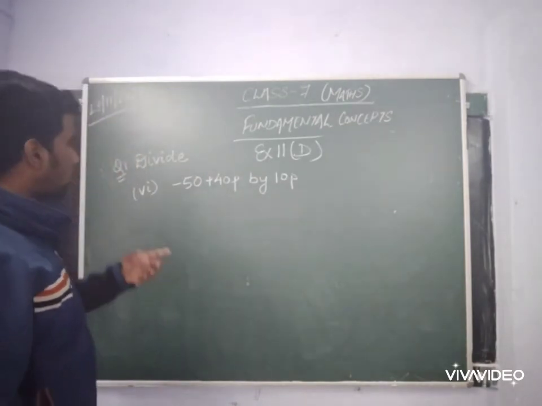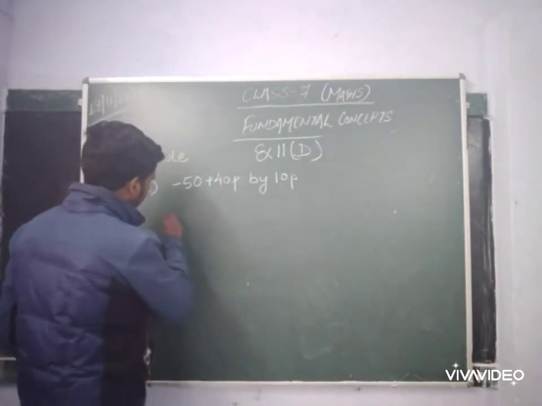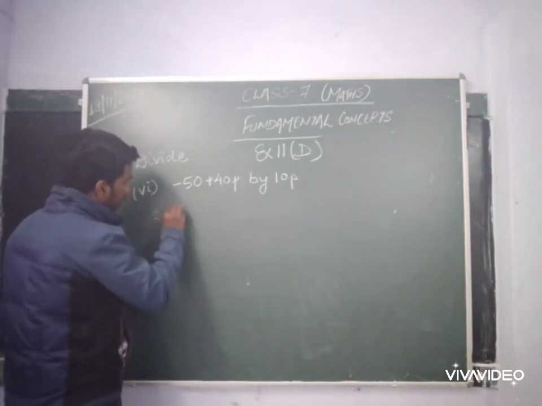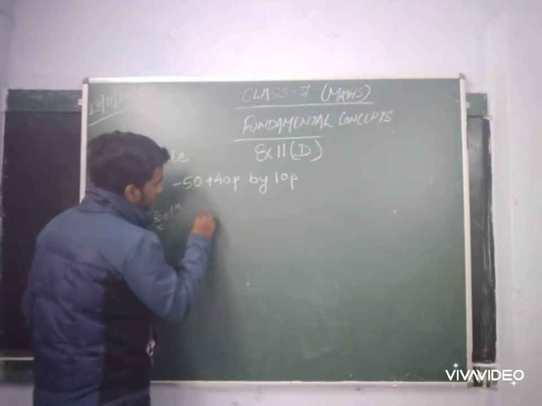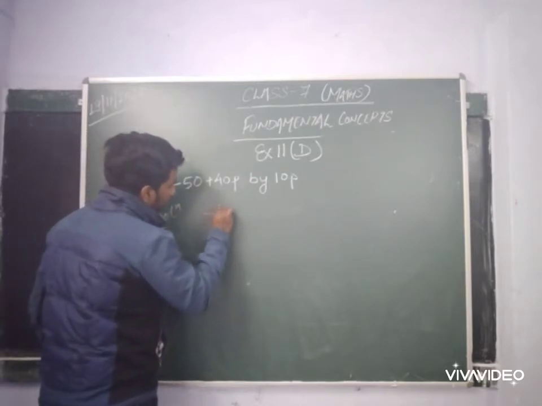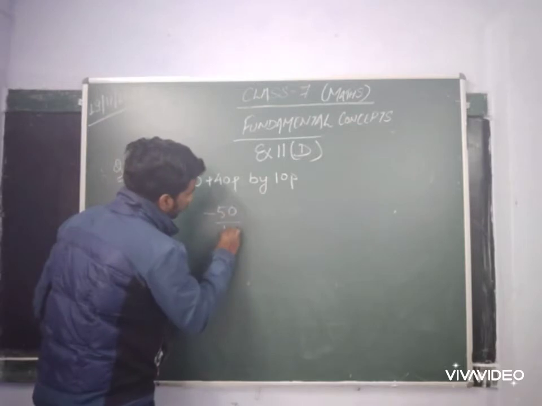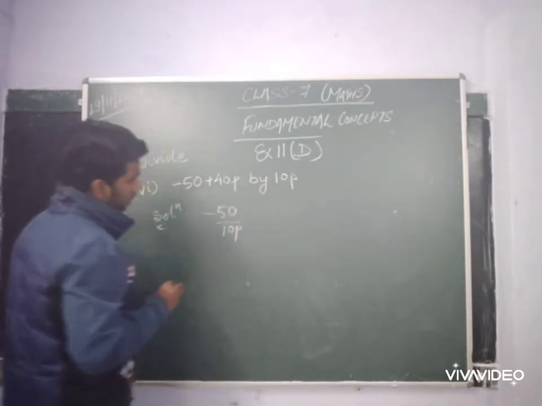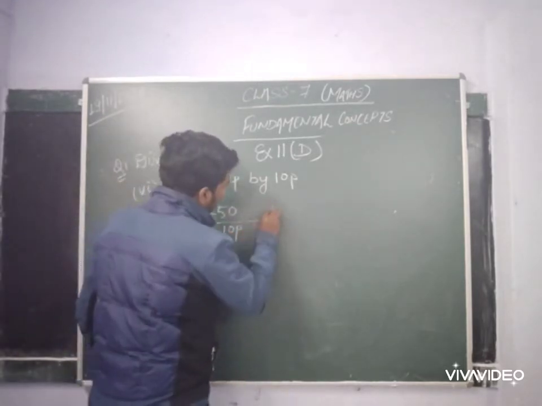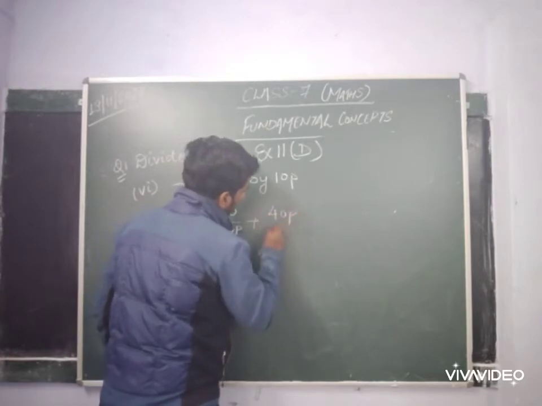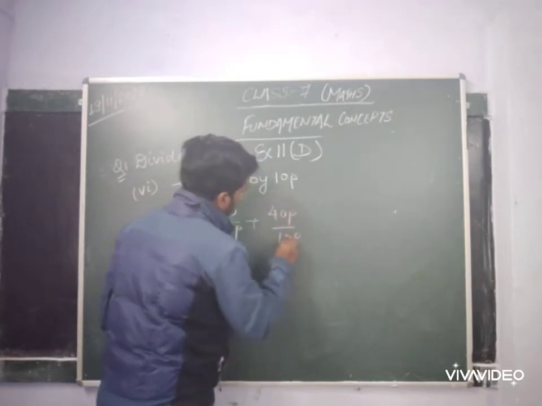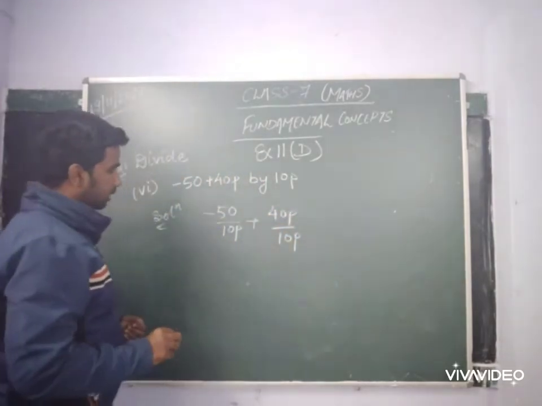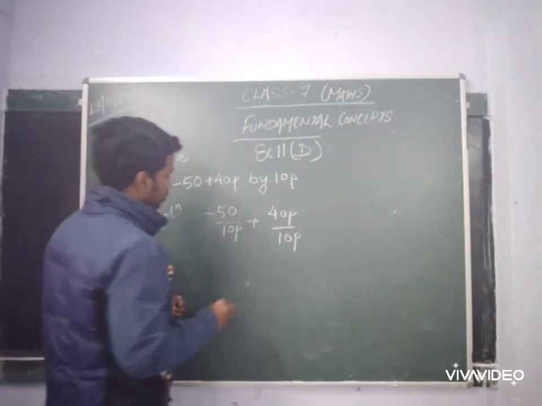So how to do this? Let's take first minus 50 and divide it with 10p. Okay, and then 40p and divide it with 10p. So we have separated this. Clear? And now it will be easy for us to solve.